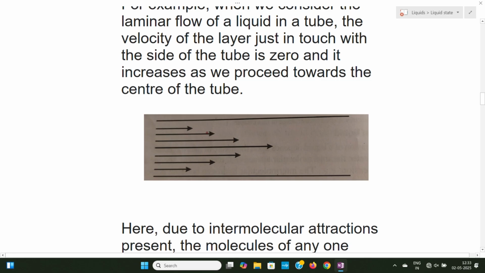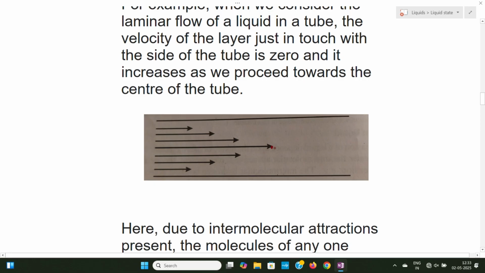Here this layer has a velocity this much, and the center layer has the maximum velocity. This layer has less velocity because it is very near to the solid surface.